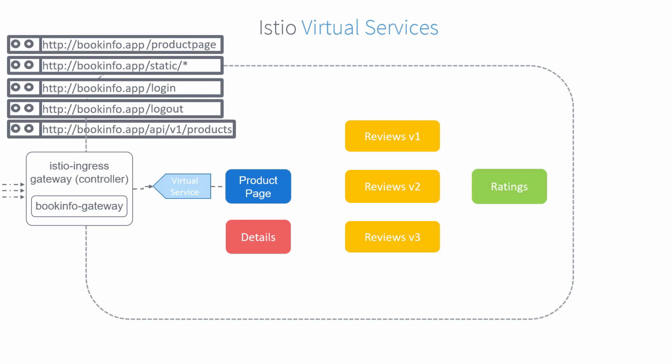You can specify traffic behavior for one or more hostnames, and manage traffic between different versions of a service. Standard and regex paths are supported. When a virtual service is created, the Istio control plane applies the new configuration to all the Envoy sidecar proxies.